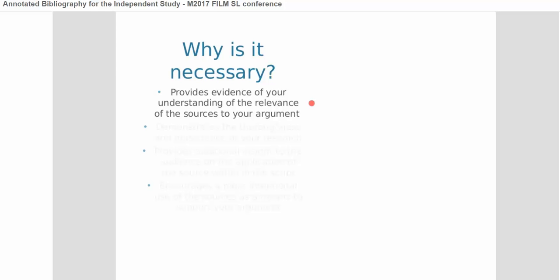So instead of just listing sources and not having any evidence of how you use those or how it contributed to your thoughts or your arguments about the topic, the annotations would provide that.